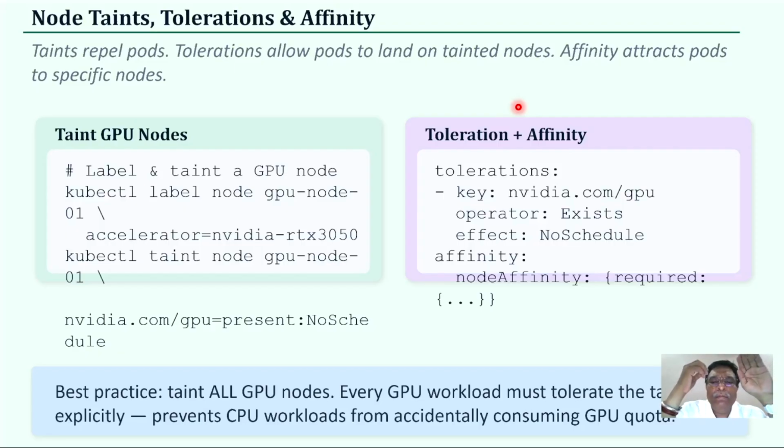So that basically means, see here, we will ensure a very strict compliance to only see that my GPU workload runs on the GPU. Otherwise, CPU workloads can consume GPU quota by some manner, which we will see what it means technically. But my CPU can simply sometimes accidentally consume GPU quota, right?